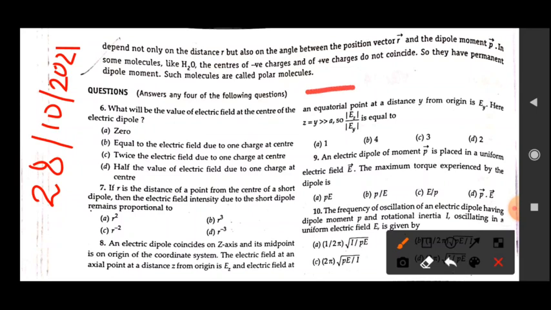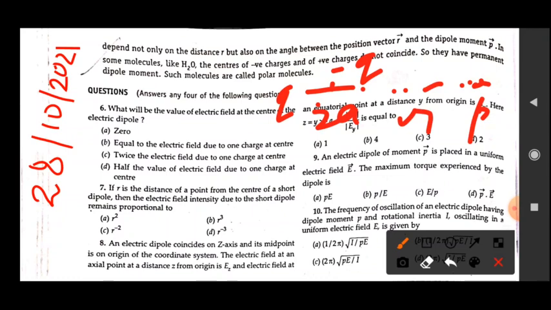Suppose this is the electric dipole with charges q, and the distance between these two charges is 2a, and we are calculating the electric field at an axial point that is very far away. Suppose from the midpoint the distance of this point P is r. Here r is much greater than a.